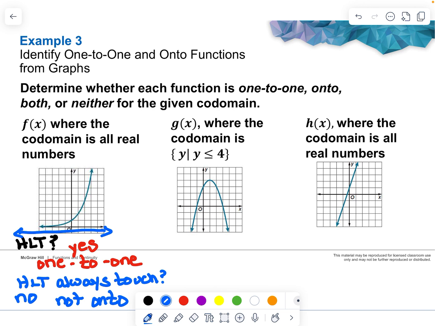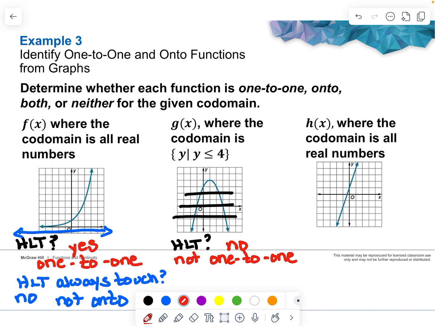Let's look at the second example. Horizontal line test. It looks like it's going to touch more than once, right? So it does not pass the horizontal line test. So that means it's not one-to-one. And the codomain says y such that y is less than 4.